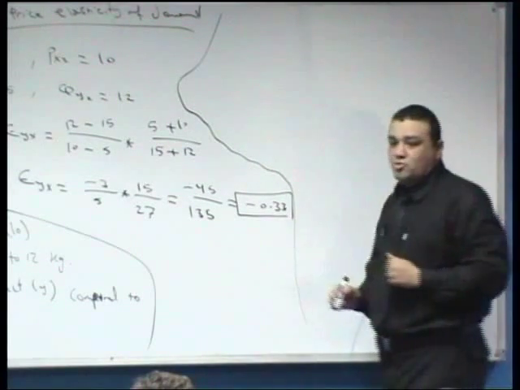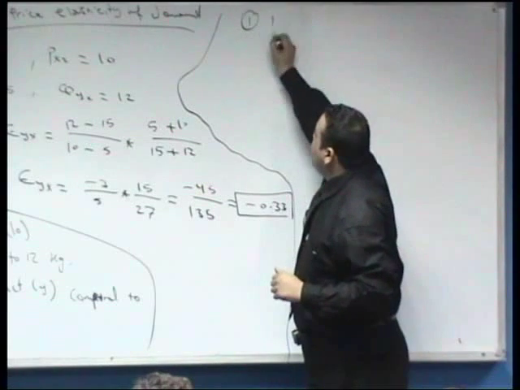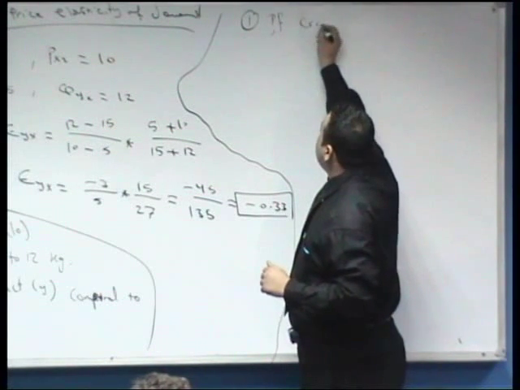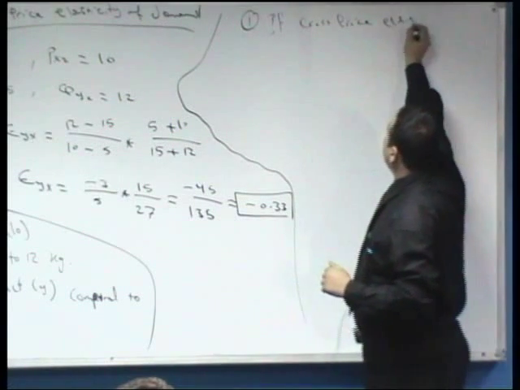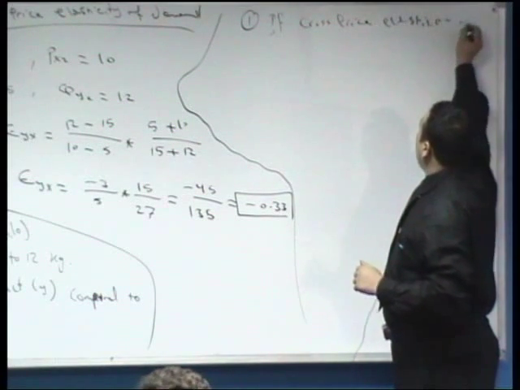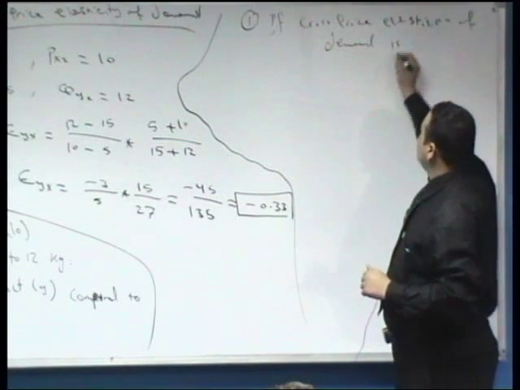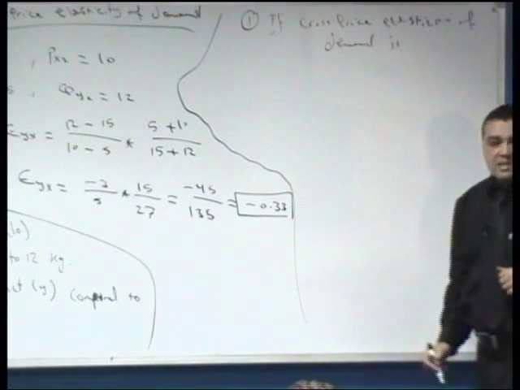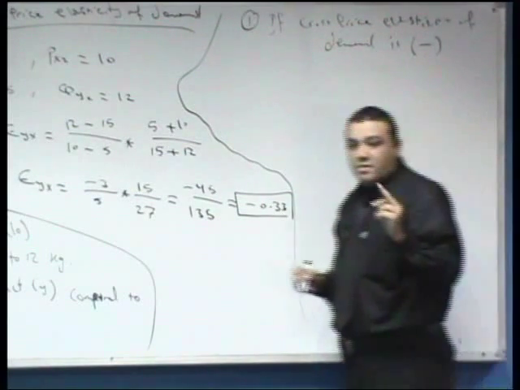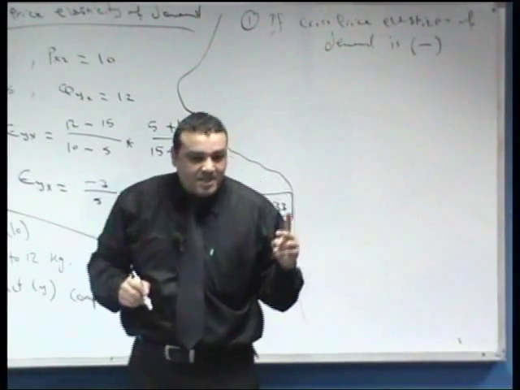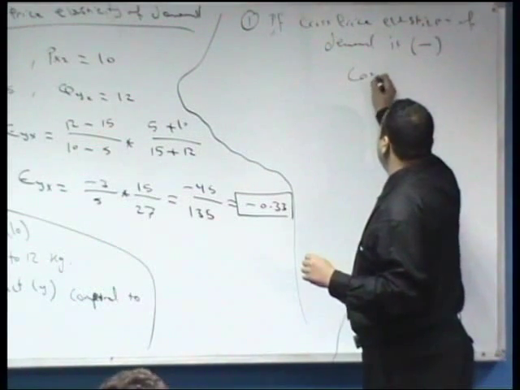So let's write the conclusions. Number one, if the cross price elasticity of demand is negative, these two goods or products are what? Complement. Yes, they are complement.